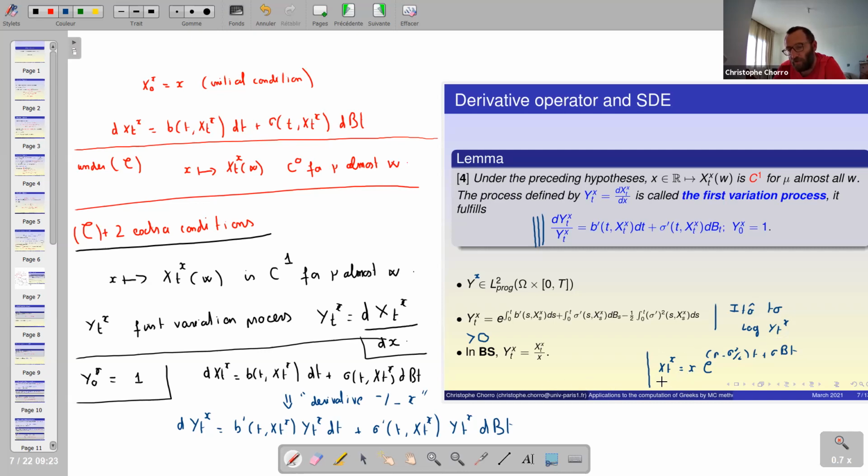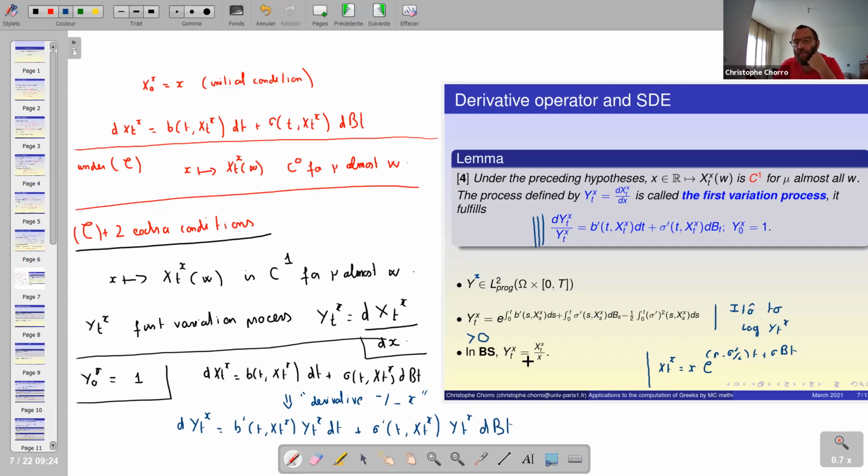And when I compute the first variation process, that is the derivative of this one with respect to small x, I just obtain the exponential here, and so in the case of the Black-Scholes model, the first variation process is simply the process itself when I have made small x disappear, that is when I have divided by small x. So the first variation process is given by this definition and follows the stochastic differential equation.